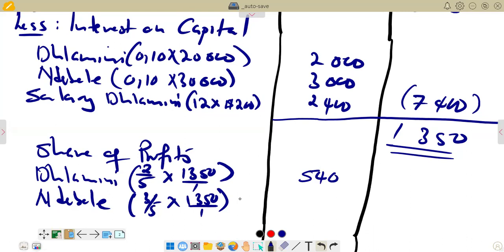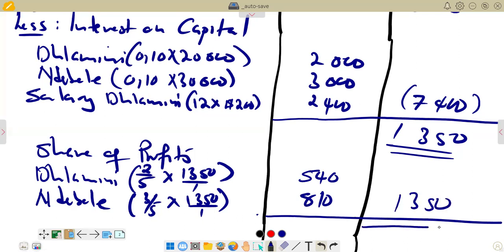Obviously, you're going to get 0.6 there, and then you multiply by 1,300. And you're going to get your 780. So if you add the two, they should be the same as 1,300. So you say 520 plus 780, you're supposed to get 1,300. So basically, this figure should be the same as this figure. So this is what we have, guys, in terms of the profit and loss appropriation account of the partnership.